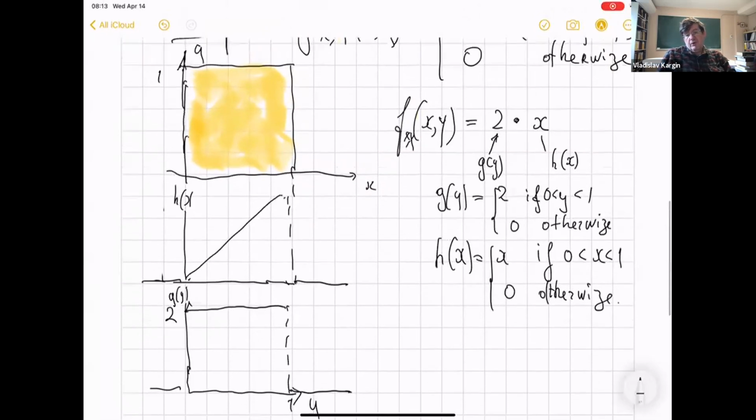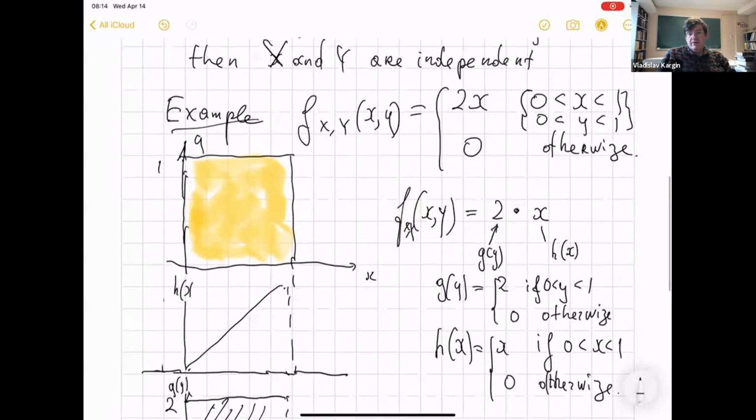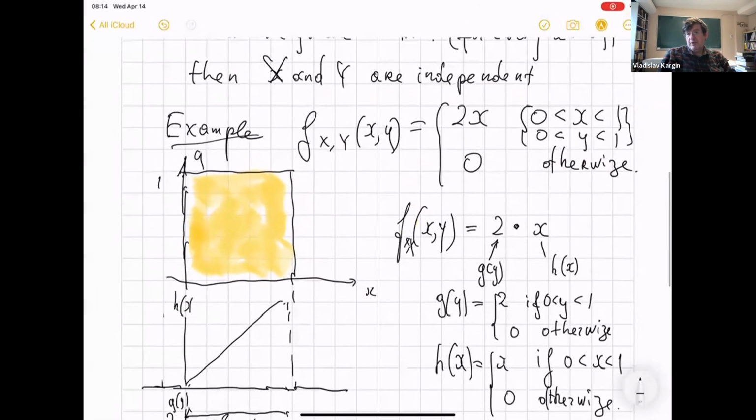And you can observe that the joint density is equal to the product of 2 and x. G of y is not a density because its integral is not equal to 1. So it's not a valid density, but still the joint density is a product of two functions, and one function depends on x, another function depends on y, and so our theorem says that then x and y in this case are independent.